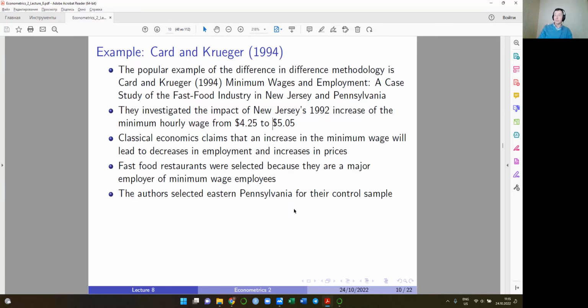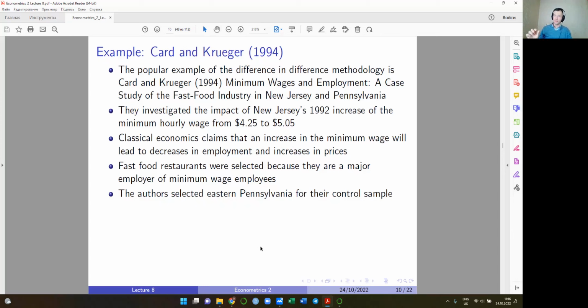So they also selected a control group. They needed a control group because in the whole state of New Jersey, the minimum wage has been changed. As a control group, they took fast food restaurants from the nearby state of Pennsylvania. More specifically, they took the restaurants near the border between the two states.